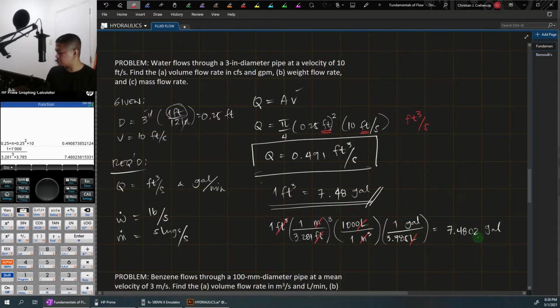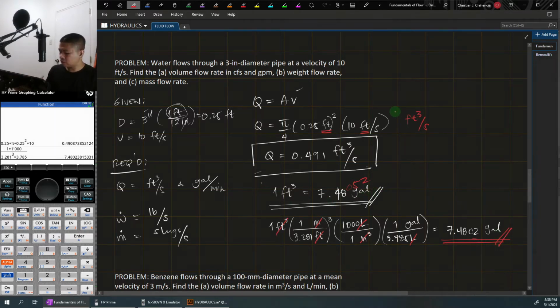Kung titingnan natin sa internet, 7.480052. So, very minimal lang yung discrepancy, no? Kung hindi natin alam directly ang conversion from cubic foot to gallon, gumawa tayo ng walk around, kung yung mas alam natin na conversion unit. So, ito na lang yung gamitin ko, kasi yung dinerive ko.